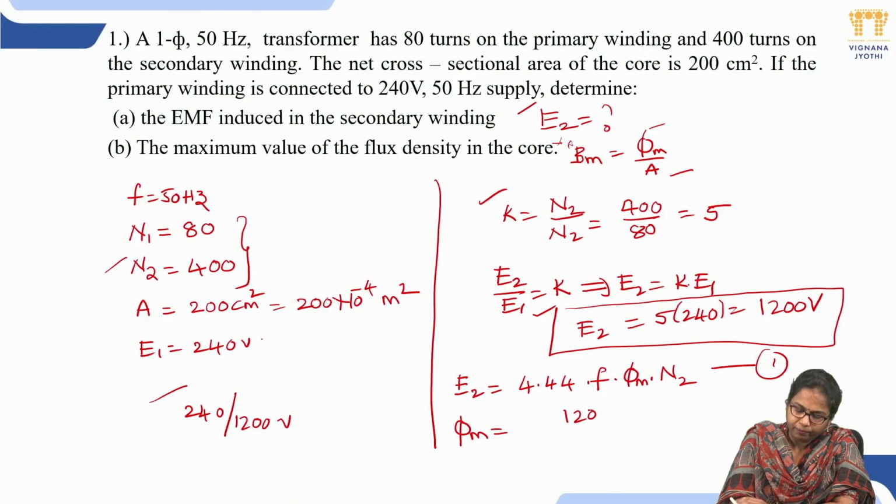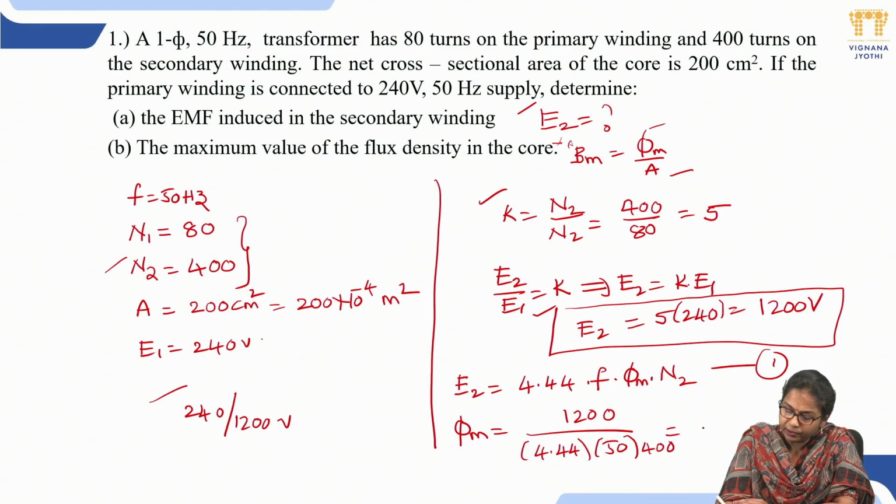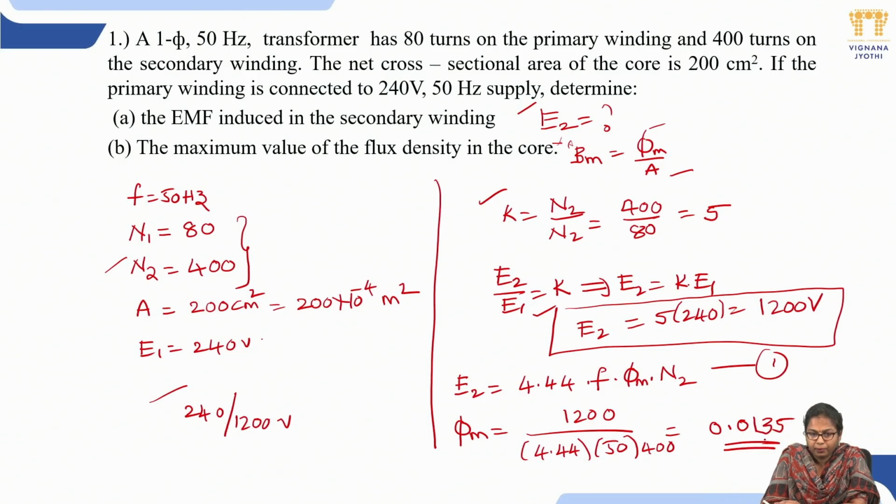Frequency is 50, and N1 number of turns is 80. So finally we'll be getting 0.0135 webers. The flux that is linking with both the primary and secondary turns is 0.0135 webers. Since the area of cross section is known to you, we can also calculate the flux density.